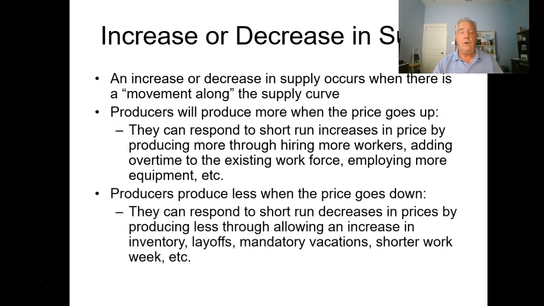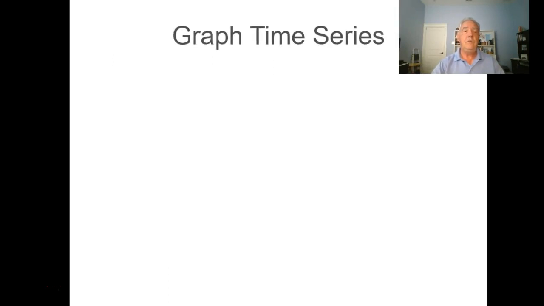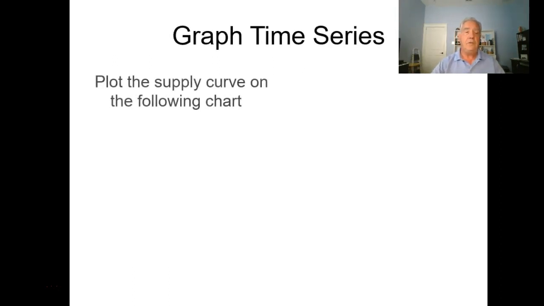Again, what do they do? Lay people off, create mandatory vacations, establish a shorter work week. So these two things that the producers do, again, we're talking about the producer side of it or the supply side. And here's the time series.